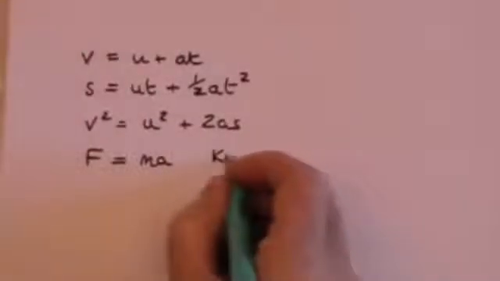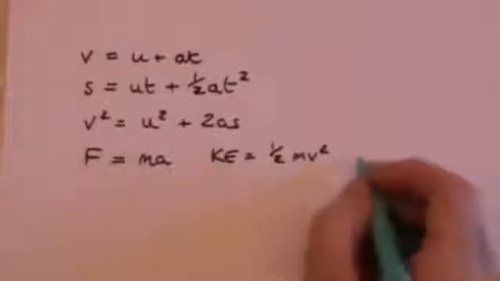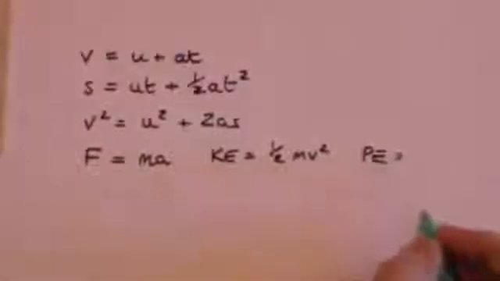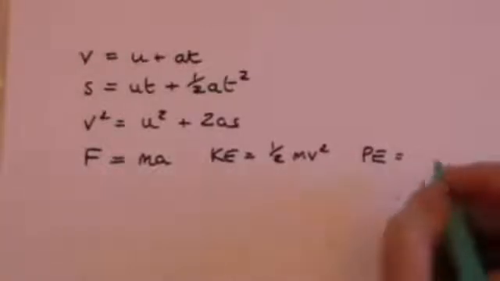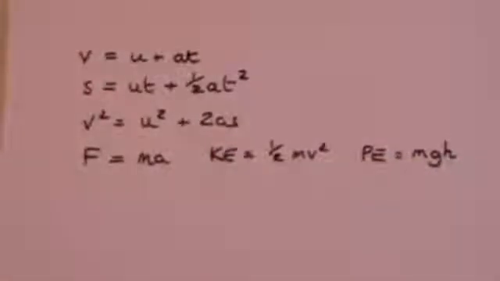Kinetic energy is ½mv², and the potential energy depends on where the potential is, but for example, if you're talking about near-Earth gravitational potential energy, you would represent that as mgh, where h would be the distance above the surface of the Earth. And those, I hope, are familiar formulae associated with Newtonian mechanics.